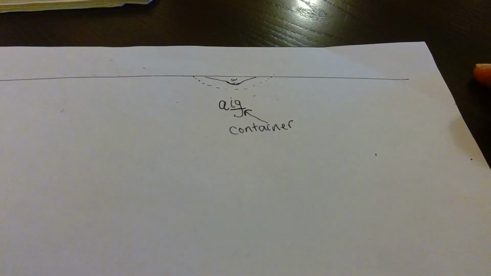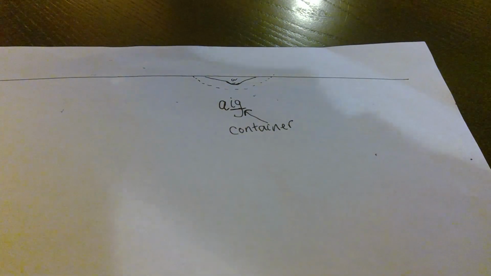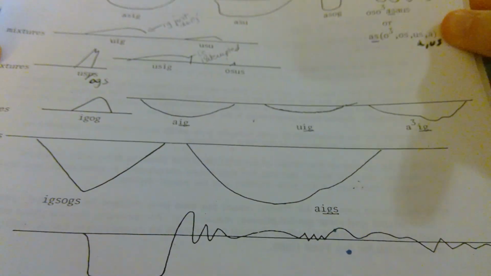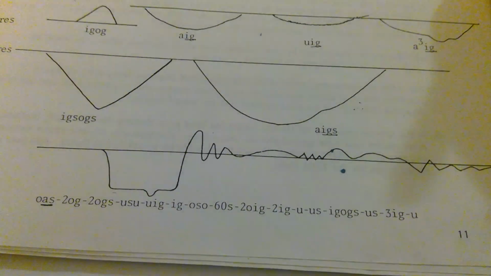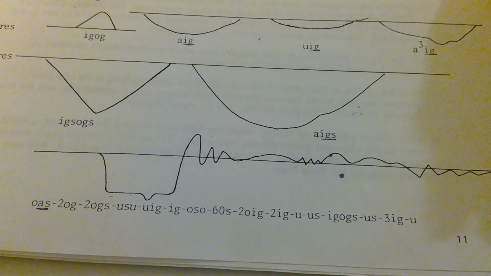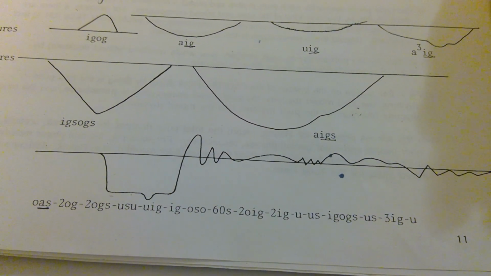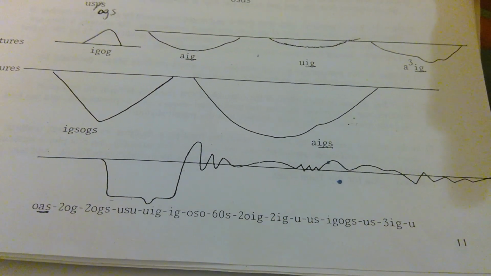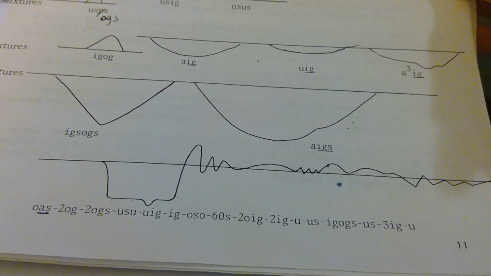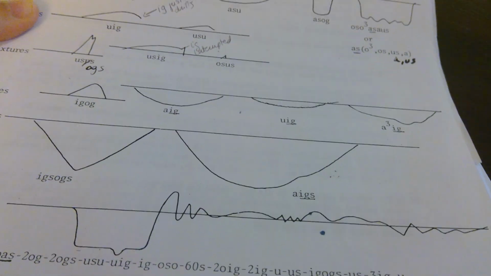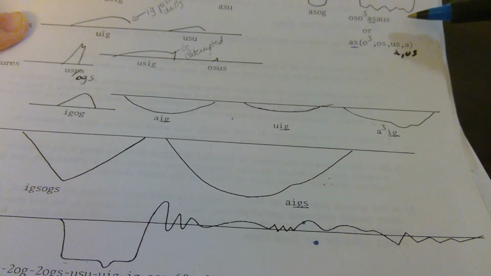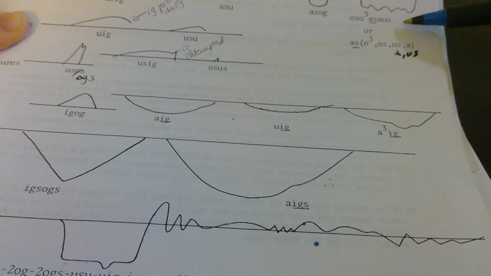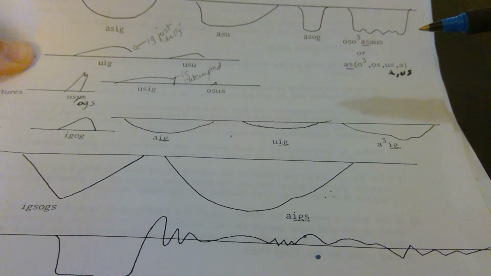So again, knowing these rules, go to your mixed rhythm page and start to practice labeling each mixed rhythm. Now, you will notice that there's actually two different ways to label container rhythms.